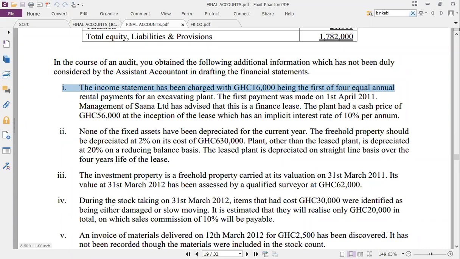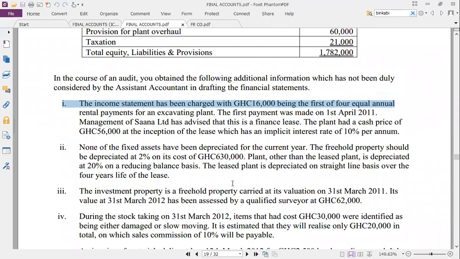And so, no. 3. Investment property. The investment property is a freehold property carried at its valuation on 31st March 2011. This is last year's fair value. Its value as of 31st March 2012 has been assessed by a qualified professional independent surveyor at 62,000 cedis.